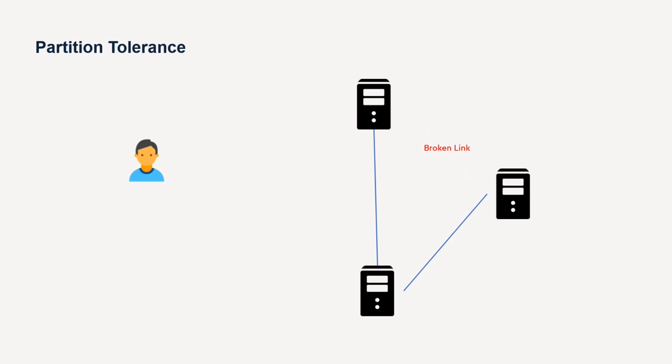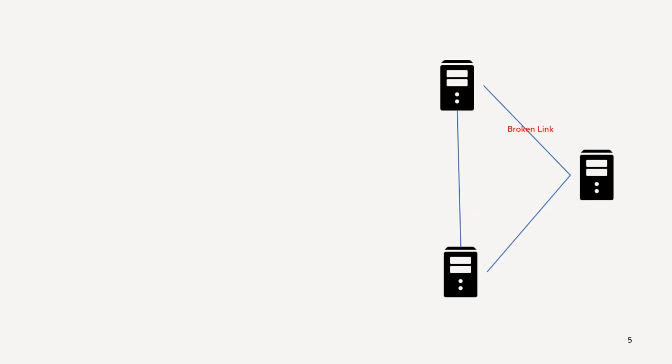Whenever we have an issue like this, where a network partition is happening between the nodes, maybe because of a communication link failure or any network failure, at that time you have to choose any one property. Either you choose availability or you focus on consistency.